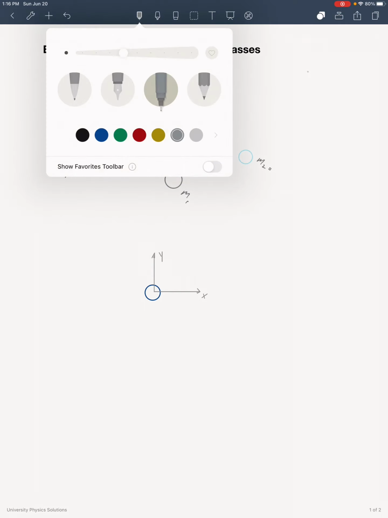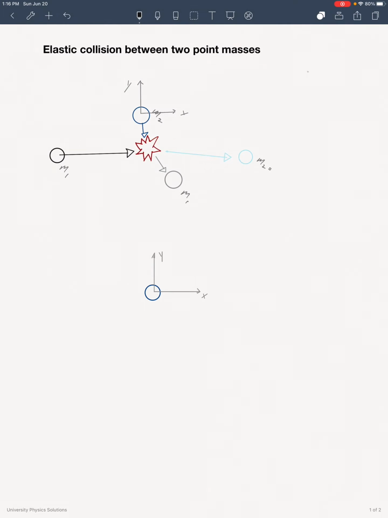And as we saw, M1 would then look as if it's just going straight along the x-axis. So now I've greatly simplified my problem because the initial velocity is all in the x direction, the initial momentum is all in the x direction, and it's all due to the momentum of mass 1.